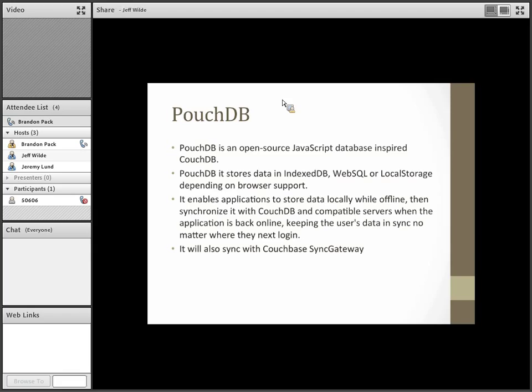If IndexedDB is not supported in your browser for any reason, it'll fall back and use WebSQL. If neither are supported, it'll go back and use local storage. So you can use the same API regardless of which browser you're using, and you get a unified interface that you can write your data to.